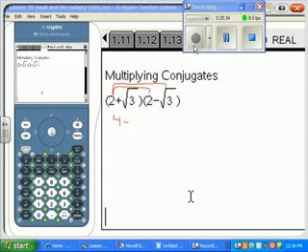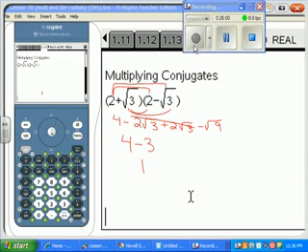Minus 2 square roots of 3. And here, minus the square root of 9. Perfect. Negative 2 square roots of 3 plus 2 square roots of 3. What happens? 0. They go away. And we're left with 4 minus the square root of 9, which is 3. That's 4 minus 3.